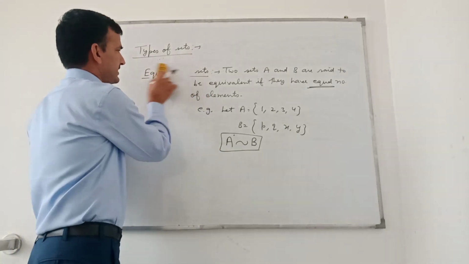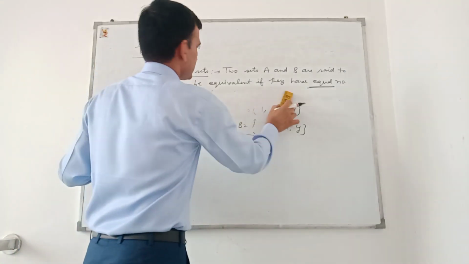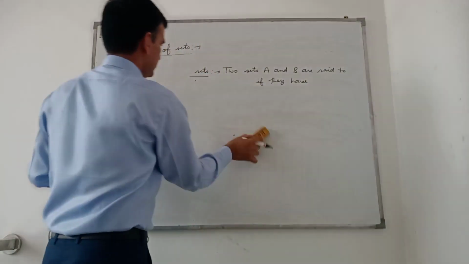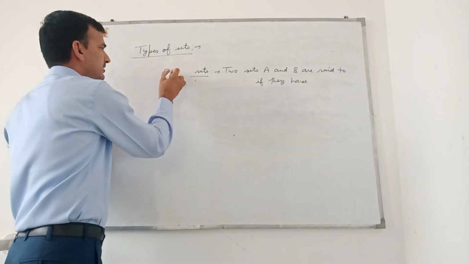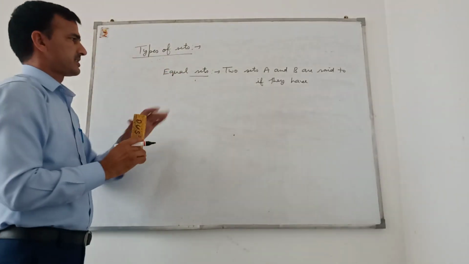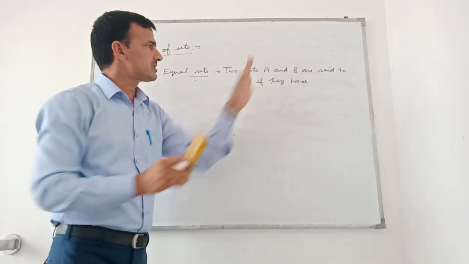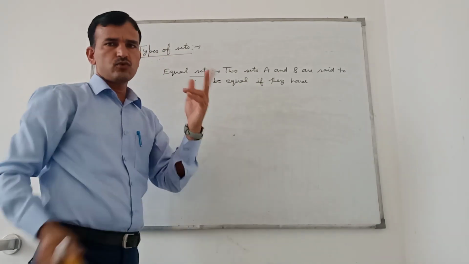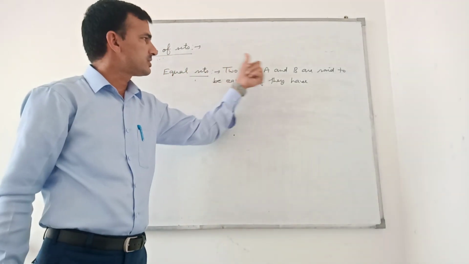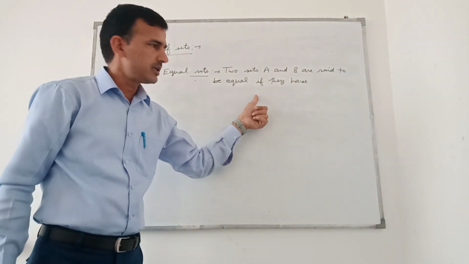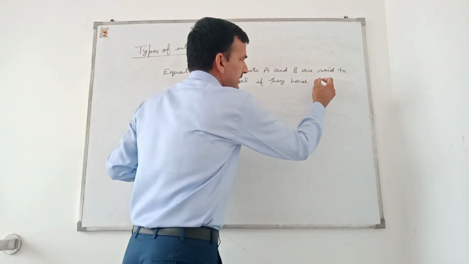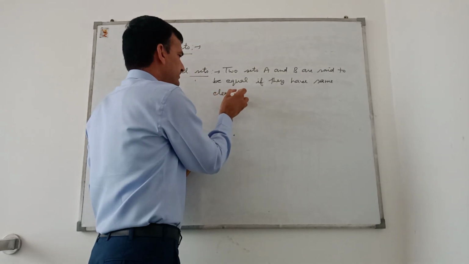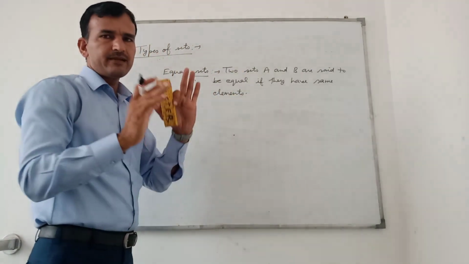Now, equal sets. Two sets A and B are said to be equal if they have the same elements. दोनों में elements same हैं.